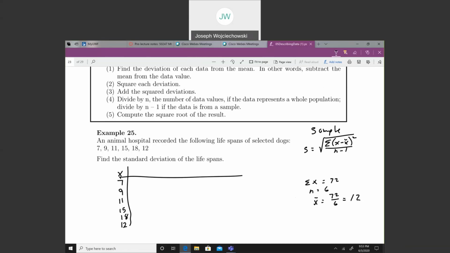Now find the deviation of each data value from the mean, or subtract the mean from the data value. So I'm looking for x minus x bar.